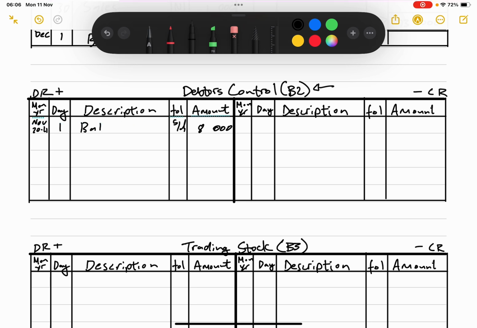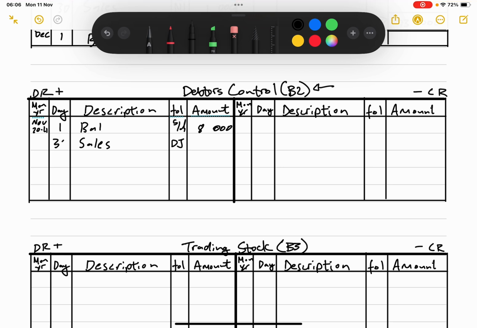You'll always have a balance brought down, and then it will be increased by sales. It will be decreased by people paying you back. So the credit sales, for example, sales from the DJ, will increase the amount of debtors control you have, because more people will owe you money.